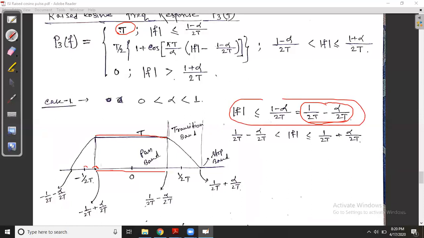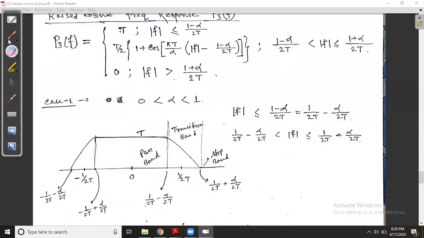We are just looking at whether this frequency is less than this value. If it is the frequency line, this frequency value is less than 1 by 2T, so somewhere we take this point. That is the first condition under case 1.